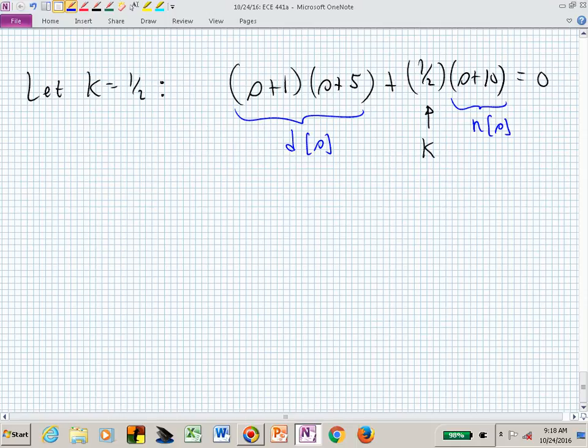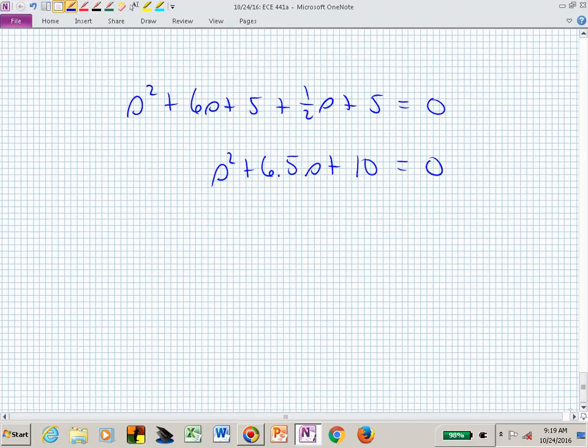But where are they? Now if we multiply this out, we get something like that. We can combine our terms so that we now have s squared plus 6.5s plus 10 equaling 0.